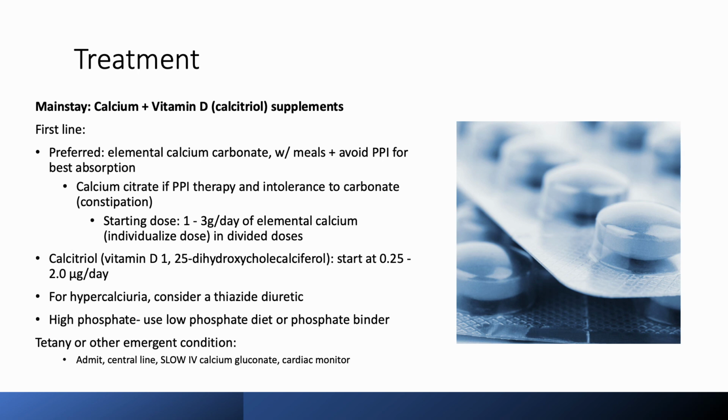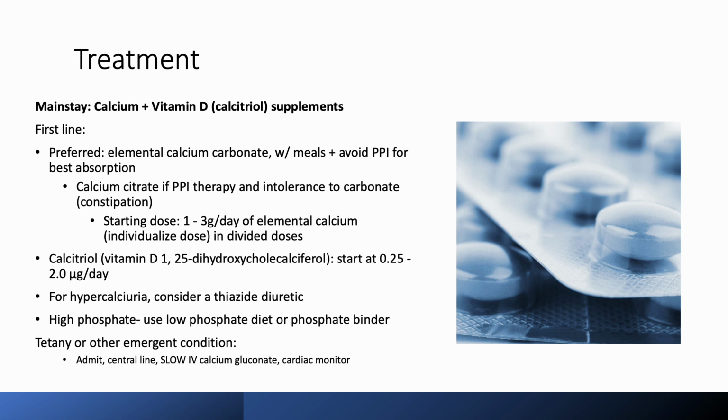Okay, so our mainstay of treatment here is going to be our calcium and vitamin D supplementation. Our first line, our preferred method is going to be an elemental calcium carbonate, and we want them to take this with meals so it's better absorbed, and hopefully we can avoid PPIs because PPIs stop absorption of a lot of our medications that it inhibits.